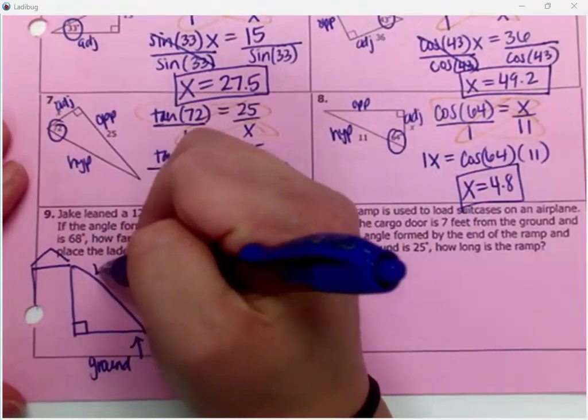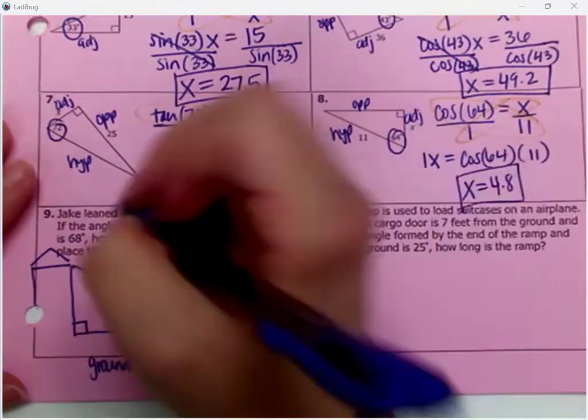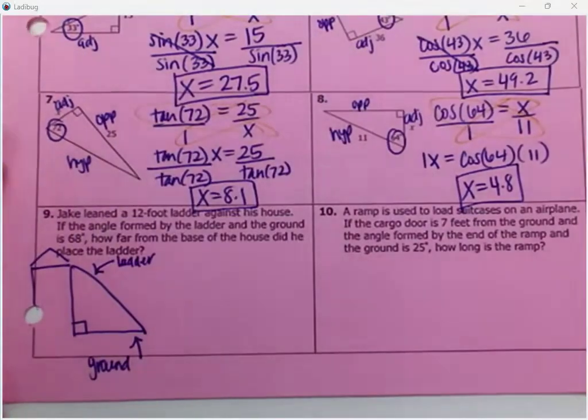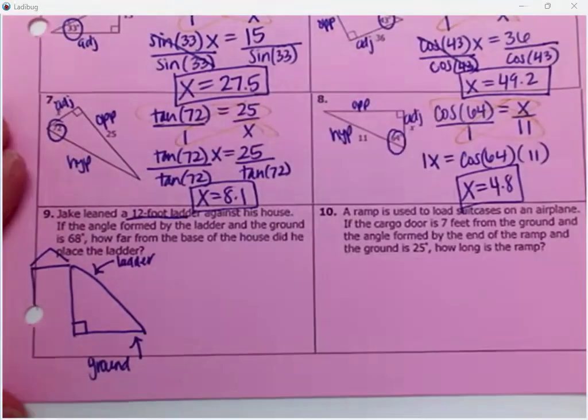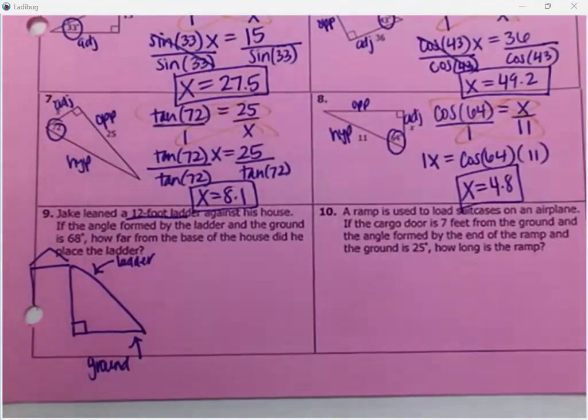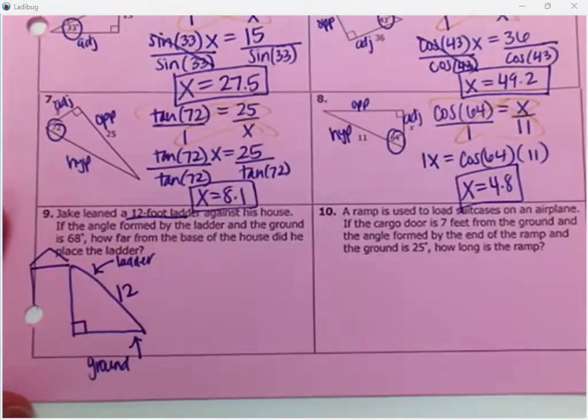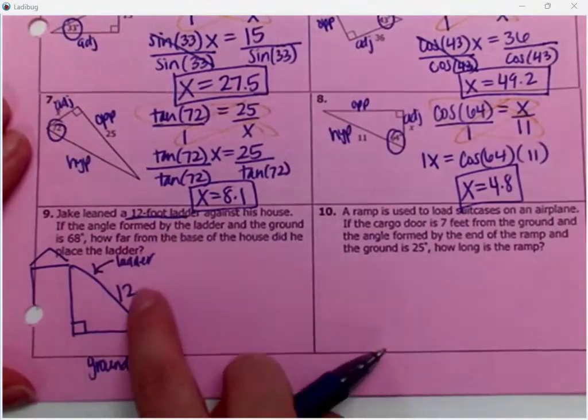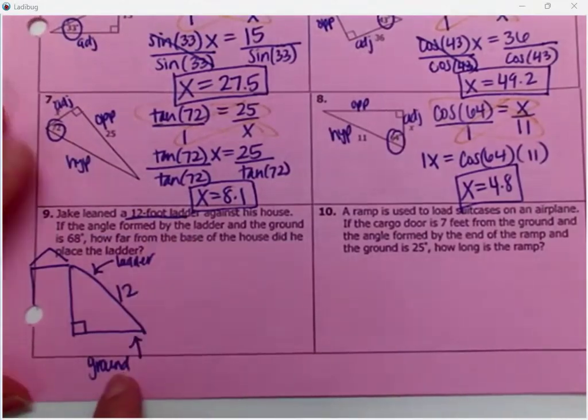So what does this have to be? The ladder. Now, how tall is the ladder? 12 feet. So where do I put that 12? The hypotenuse. That is exactly correct. Now, it did talk about the angle formed by the ladder and the ground is 68.